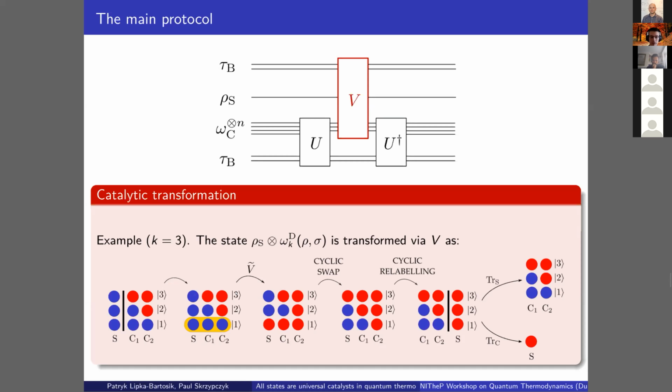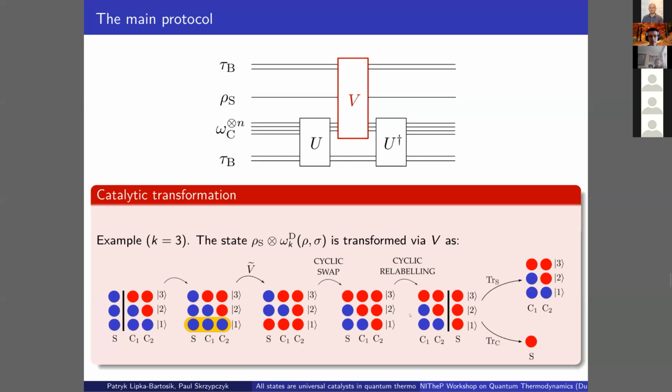But the only relevant thing in this whole protocol is that you can perform this multi-copy transformation using this unitary v tilde. And if your master equation allows for it, so allows to in some sense superactivate the state, then basically your transformation can be catalytic.